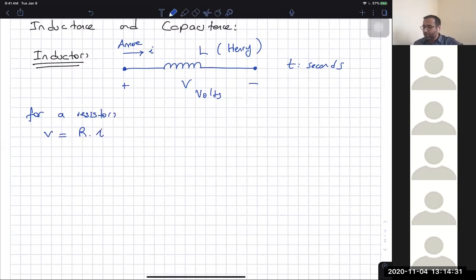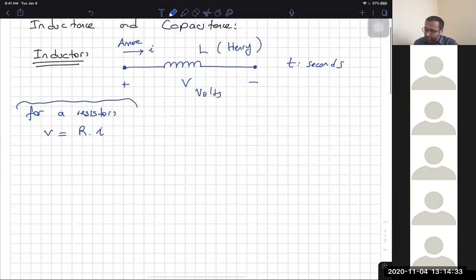So now we really need to generate a similar relationship for voltage and currents of an inductor. So this is not as simple as in the case of resistors, but of course it's not really a big issue.